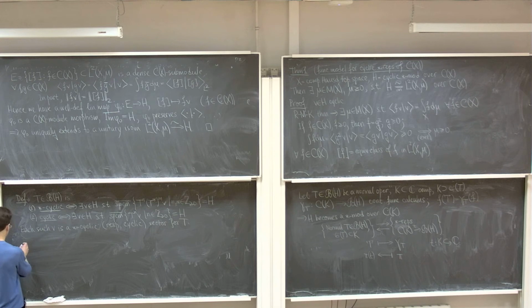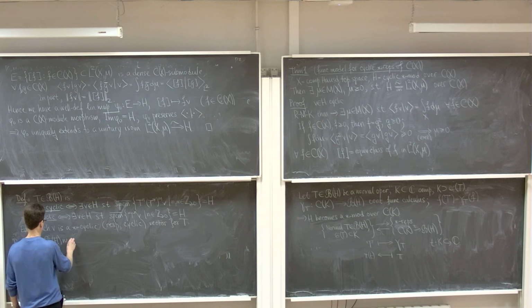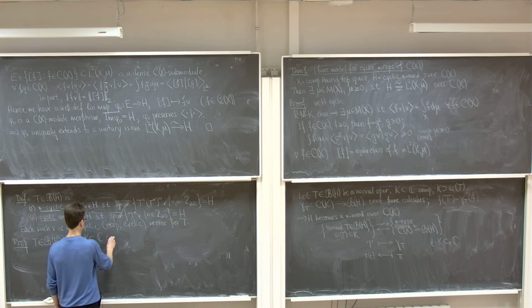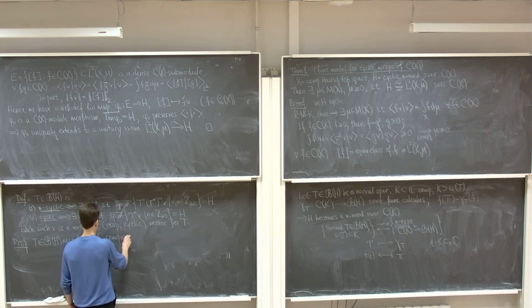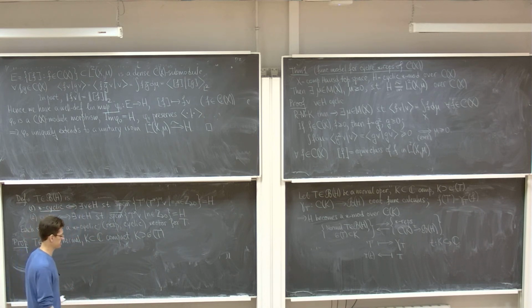Okay. So we have the following simple result, proposition. Suppose that T is a normal operator on a Hilbert space H, and K is a compact subset of the complex plane which contains the spectrum, so that H becomes a C of K module.